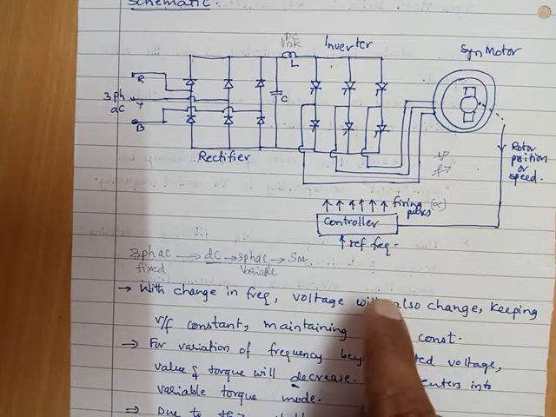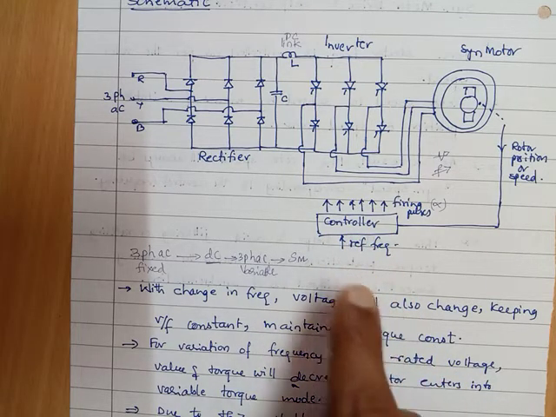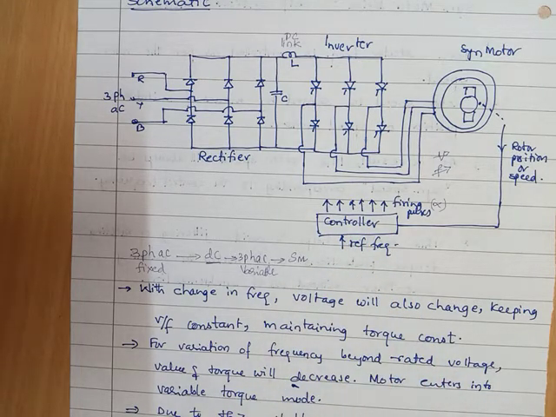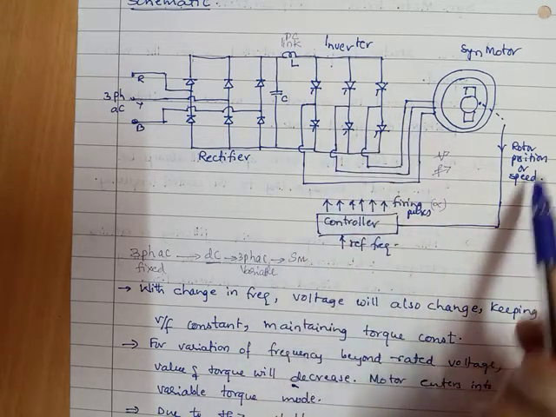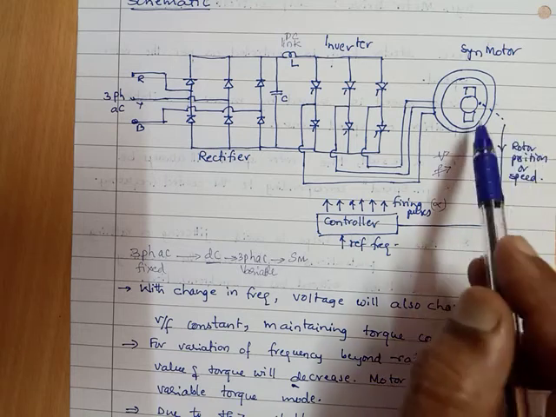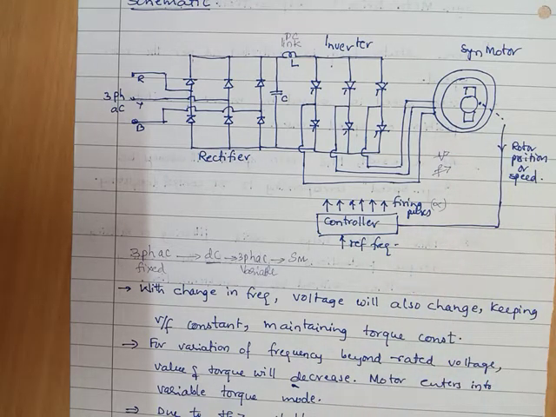The pulsations of the torque will be less. However, there is this part coming into the picture: the speed is to be monitored. It is relatively more complicated. The speed or the position is to be monitored.